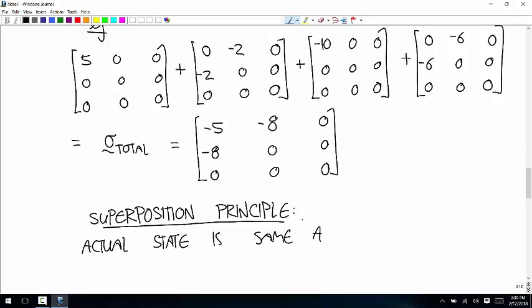So the actual state is the same as if you did component states independently and then added the results up.